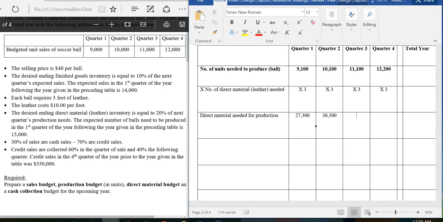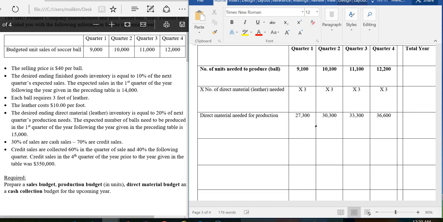Quarter 3, 11,100 times 3, you get 33,300. Then for quarter 4, 12,200 times 3, and you got 36,600. So this is how you will get the direct material needed for production.